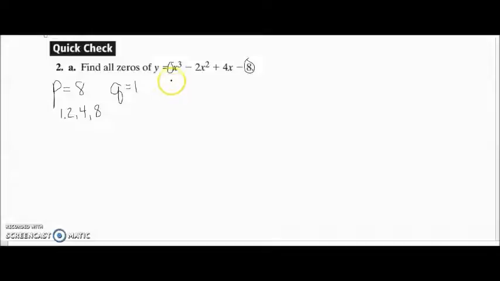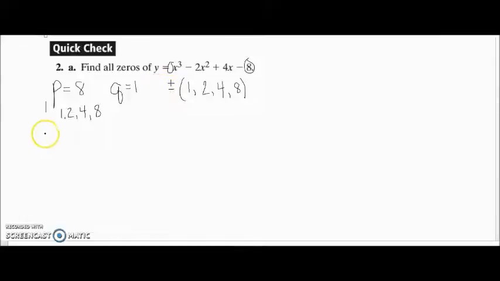So our possible rational roots are plus or minus 1 divided by 1, which is 1, 2 divided by 1, which is 2, 4 divided by 1, which is 4, and 8 divided by 1, which is 8. So that's quite a few options that we need to check. So let's go ahead and start.